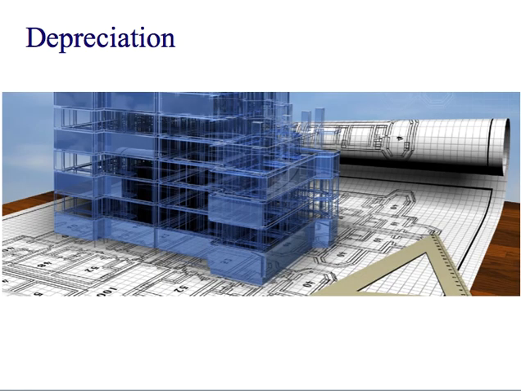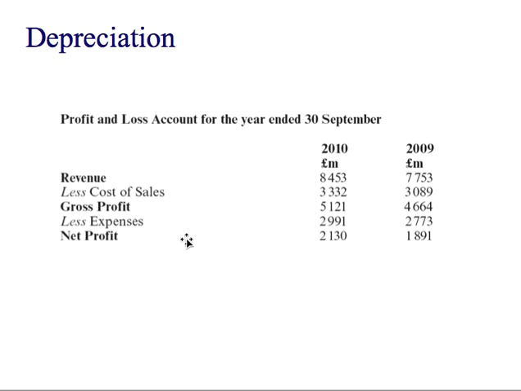And depreciation also gets taken into account. Most students understand it when it's on the balance sheet, but most students don't realise it's also on the profit and loss account. So if we're looking at a building project, and we're thinking, well, the cost of the building is going to be, say, £20 million, and the lifespan of the building will hopefully be 100 years, then it's probably not very fair to take the £20 million out in 1 year.